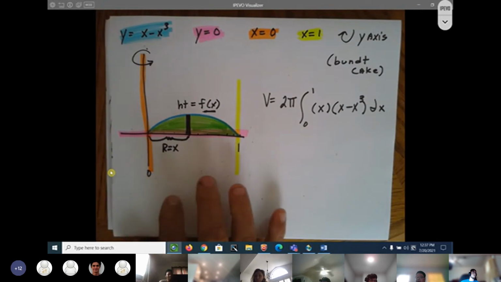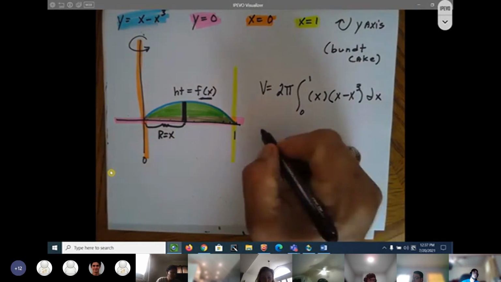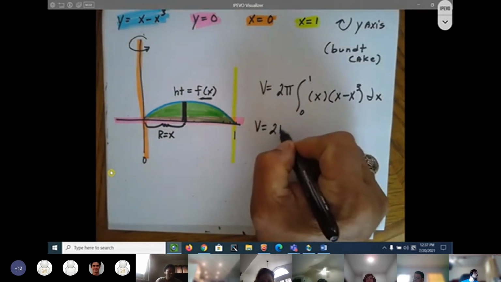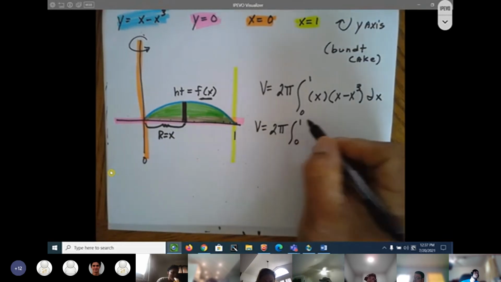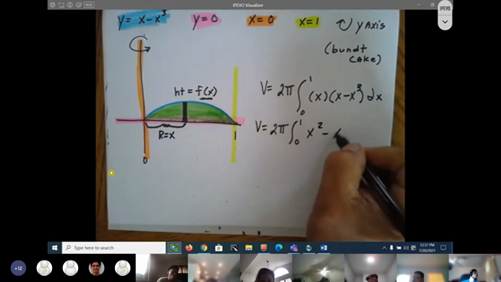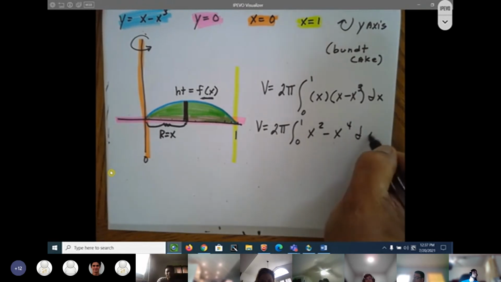All right, so here we go. V is equal to 2 pi, and we're going to distribute that: x squared minus x to the 4th dx.